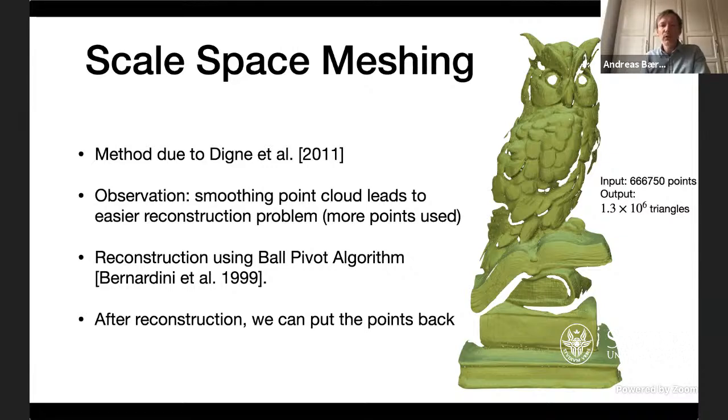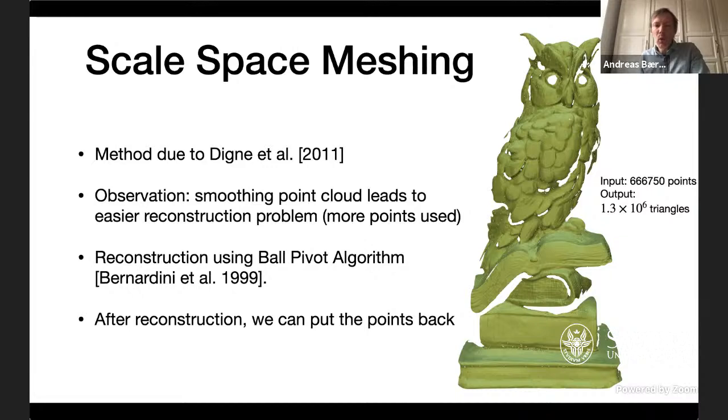And then the reconstruction method that they use is the ball pivot algorithm by Bernardini et al., which I'll not go into more detail with, but basically the idea is that you roll a ball on the point cloud, and points are connected into triangles if the ball doesn't fall between them as you roll it, starting from a single edge.